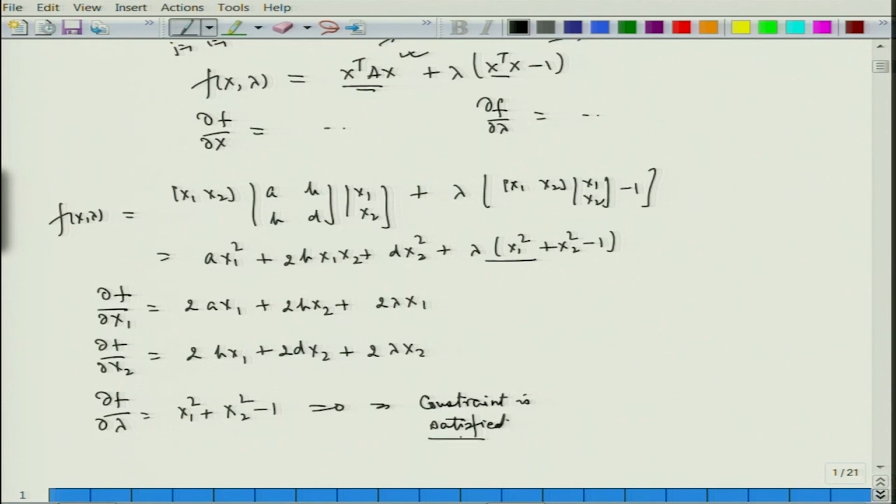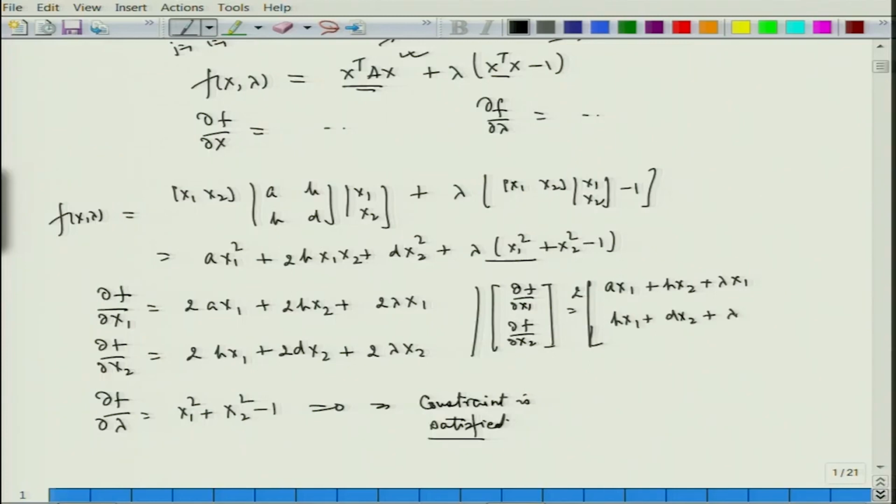If you want to write this in terms of matrices, because everything is matrix here, look at it nicely. I can write del f by del x1 and del f by del x2 as a matrix. The 2 comes outside: a x1 plus b x2 plus lambda x1, then b x1 plus d x2 plus lambda x2.